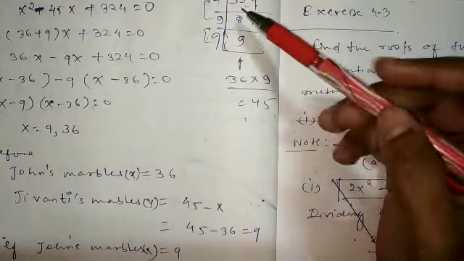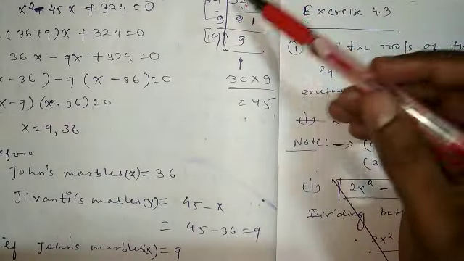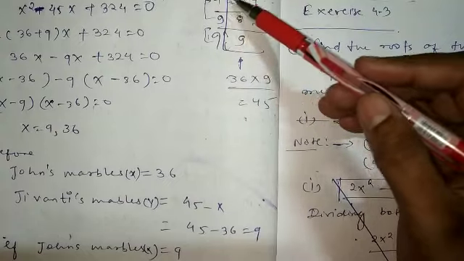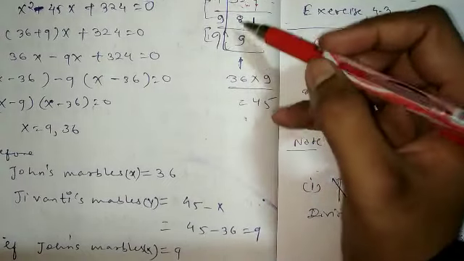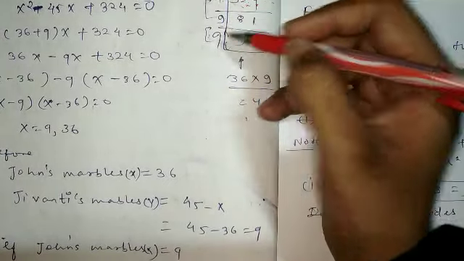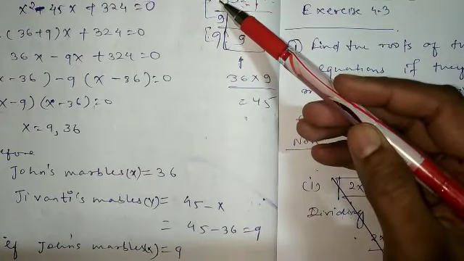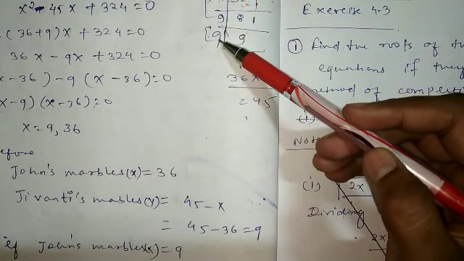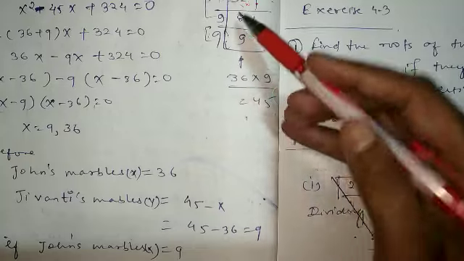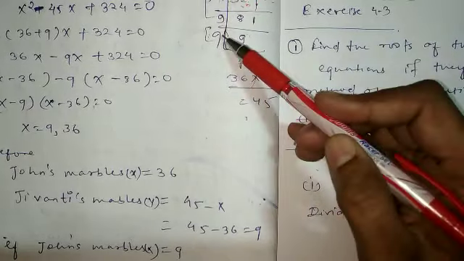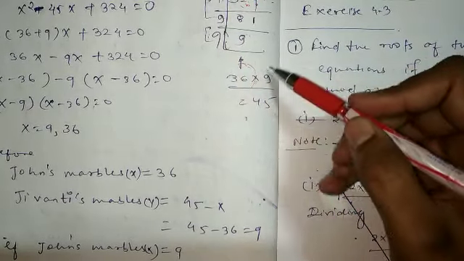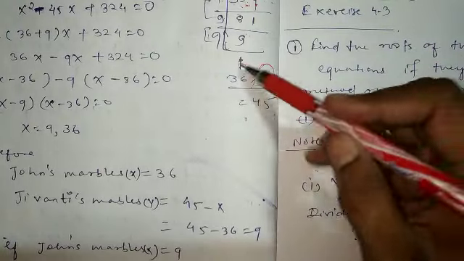So this is a very easy method to find the factors. First, here we have the factors 4, 9 and 9. One is 4, another is 9, and the other 9. So 4 nines are 36, and another factor is 9.